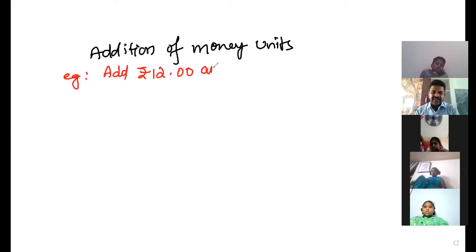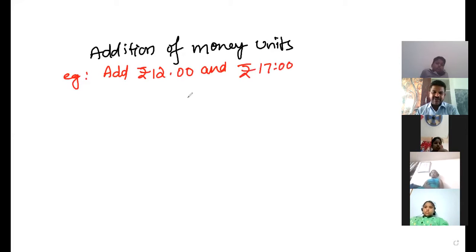First of all, addition of money. One example has been given: add 12 rupees and 17 rupees.